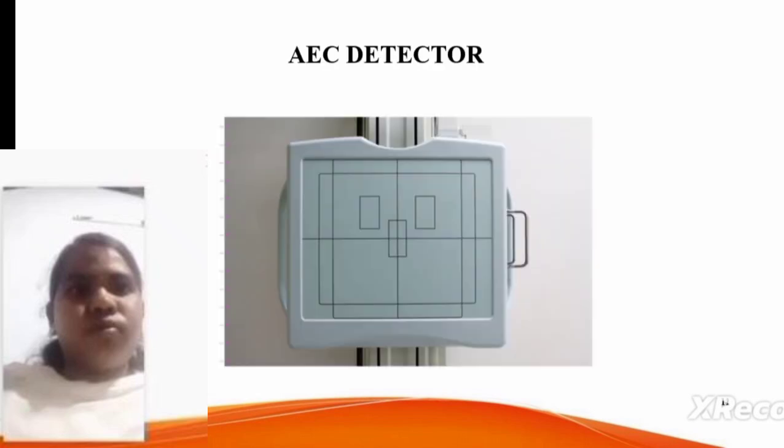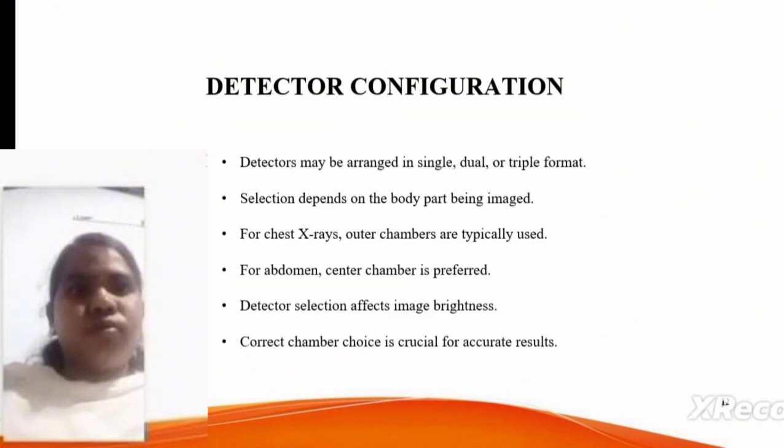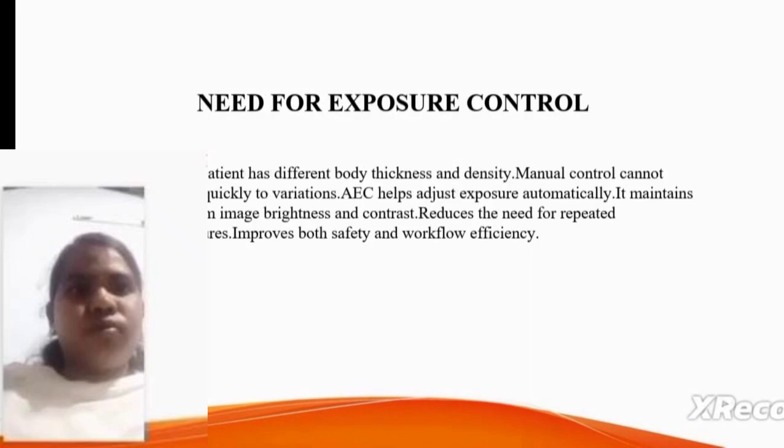Next is the automatic exposure control detector configuration. Detectors may be arranged in single, dual, and triple format. Selection depends on the body part being imaged. For chest X-rays, outer chambers are used for exposure control.